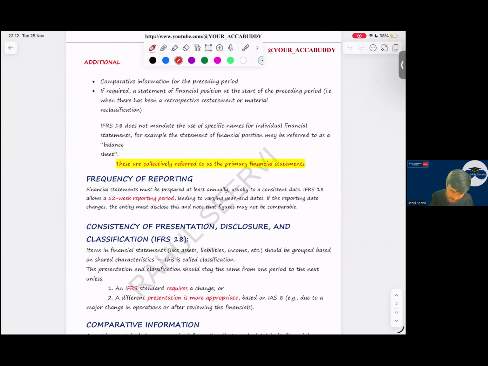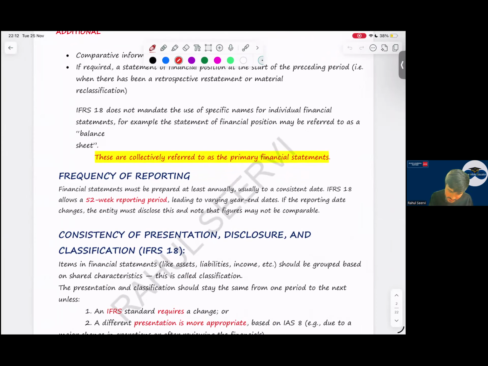Financial statements must be prepared at least annually, usually to a consistent date. IFRS 18 allows a 52-week reporting period, leading to varying year-end dates. If the reporting period changes, the entity must disclose and note that figures may not be comparable. Can the company prepare the financial statement for shorter than 1 year? Yes, they can prepare. It can be shorter than a year also, no issues in that.